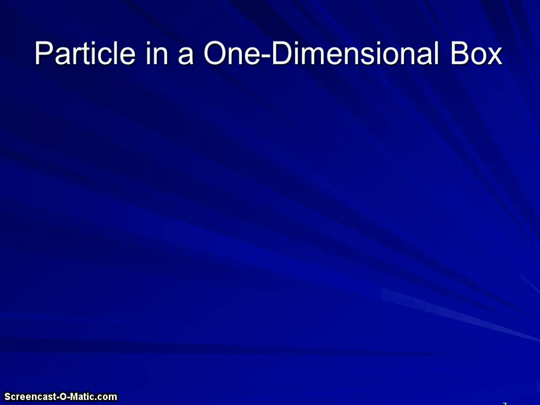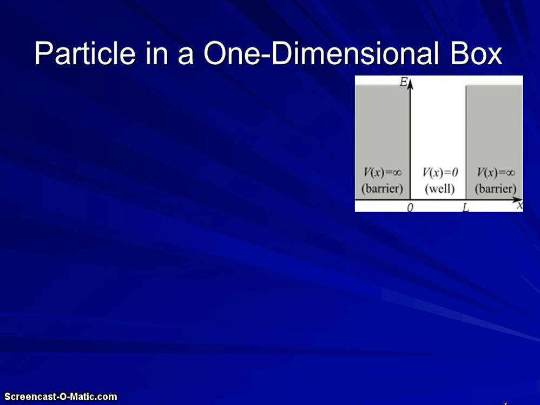Now, if we want to work our way to a slightly more complicated and a bit more important, usable and practical system, we can confine the particle to a one-dimensional box. So instead of saying the particle has free reign over the entire x-axis, we say that the particle is stuck here between some point along the x-axis and another point.